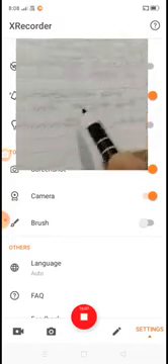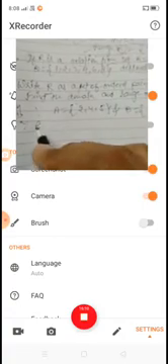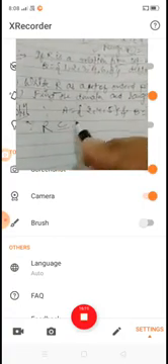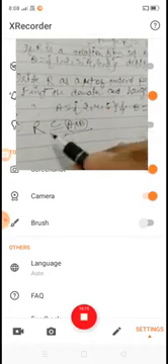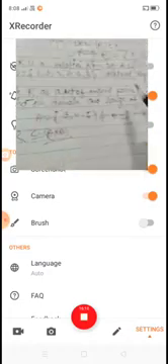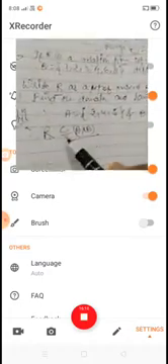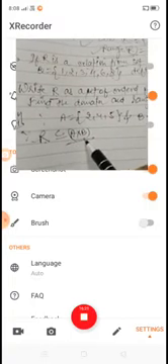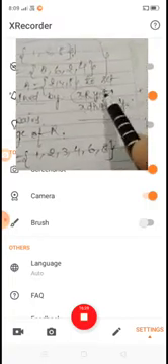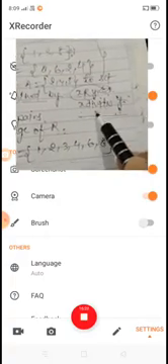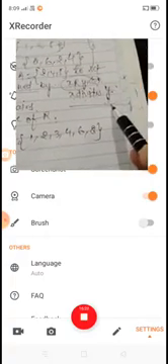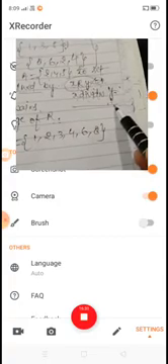Any relation R from set A to set B is a subset of A cross B, and here the relation is defined by x divides y.